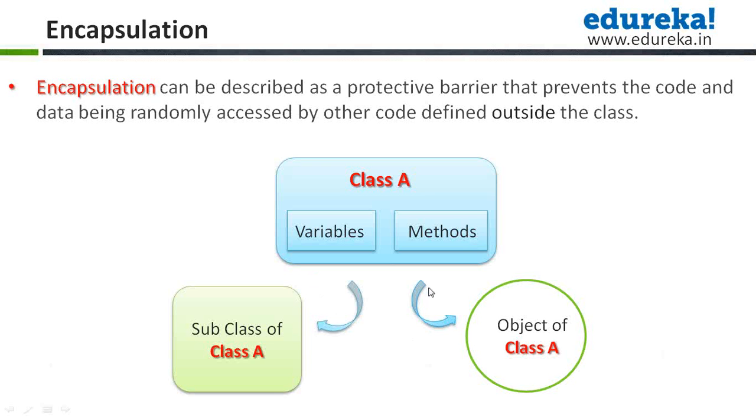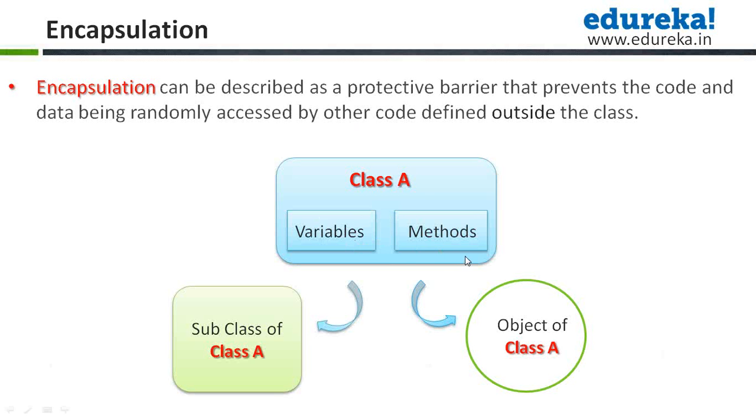Let's understand with this diagram. You create a class in Java. Encapsulation is actually implemented using the class. Every code that you write is present within the class, right? In this class, I have variables and methods.